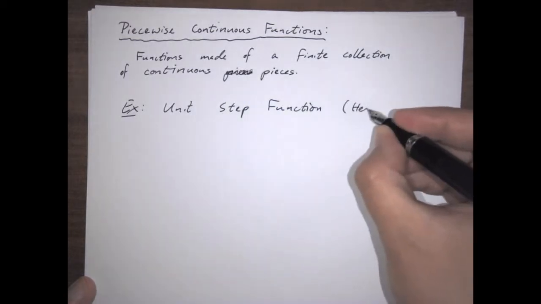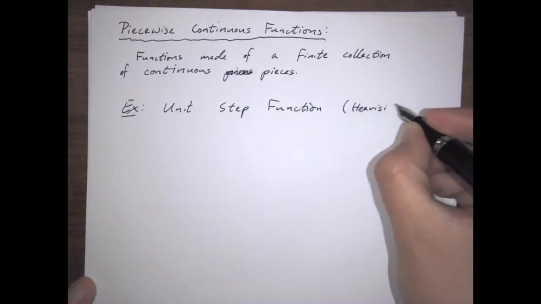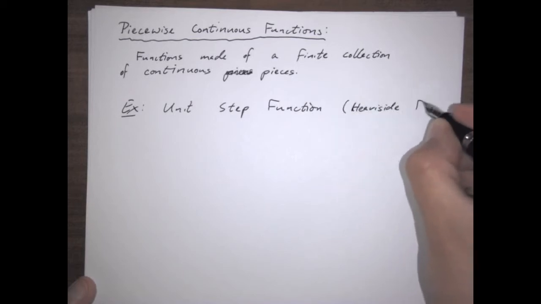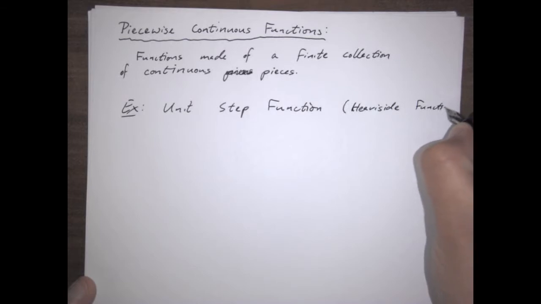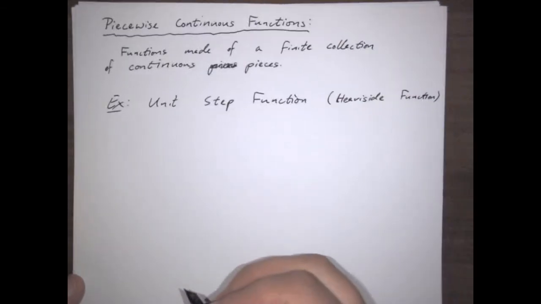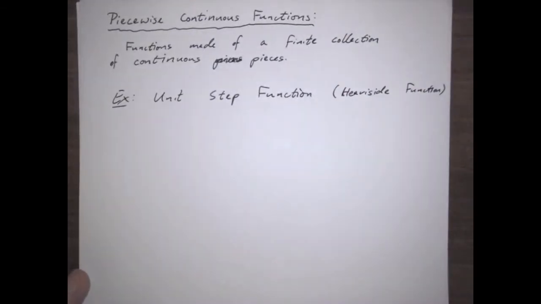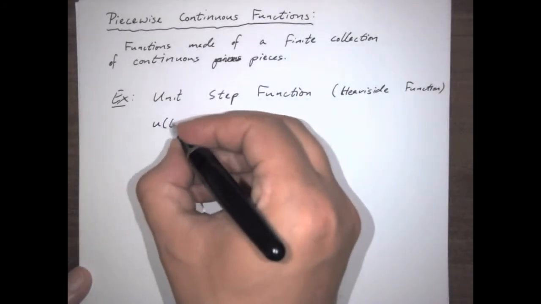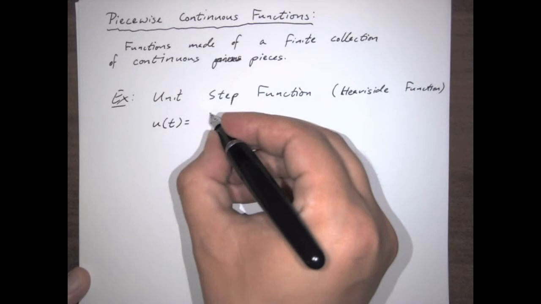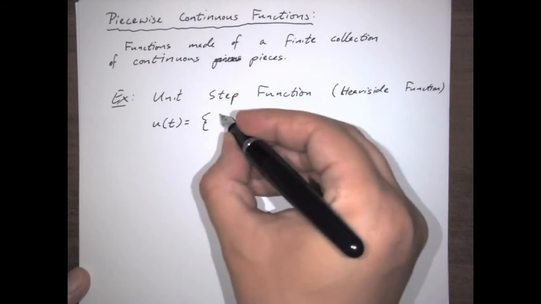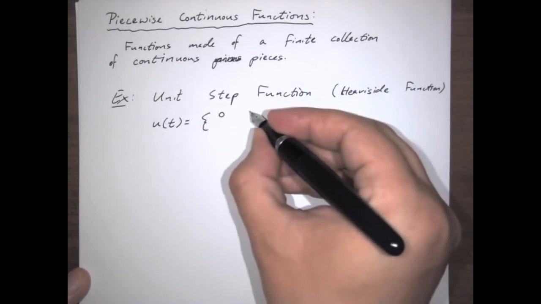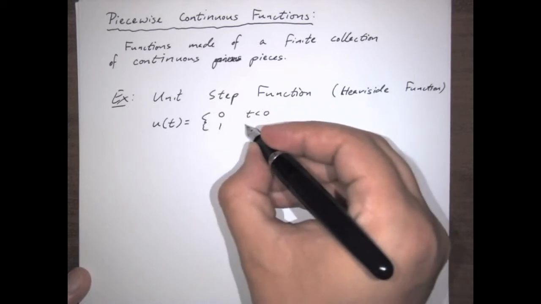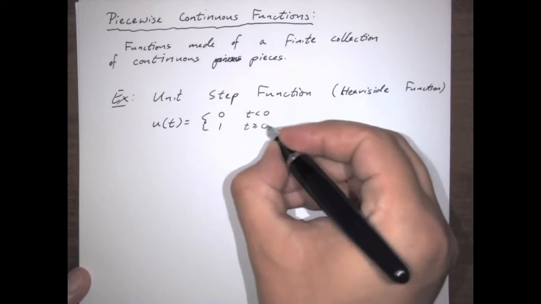Or also called the Heaviside function. So the unit step function or a Heaviside function. So this is by default u of t, which is equal to the piecewise function that is 0 as long as t is less than 0, and then becomes 1 if t is greater than or equal to 0.